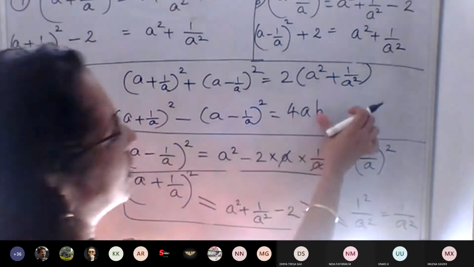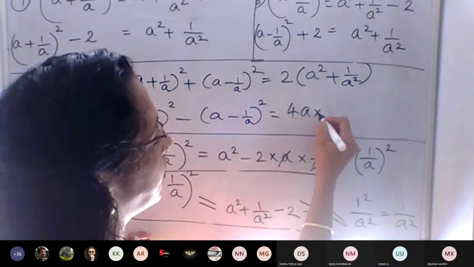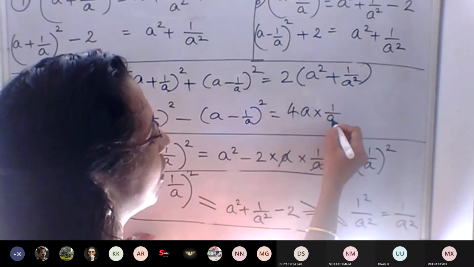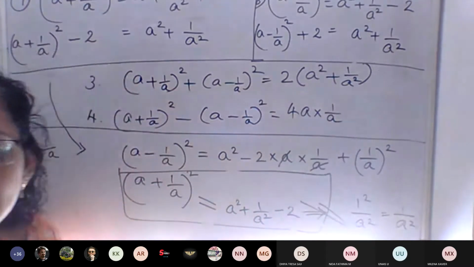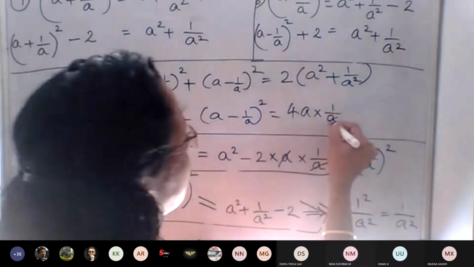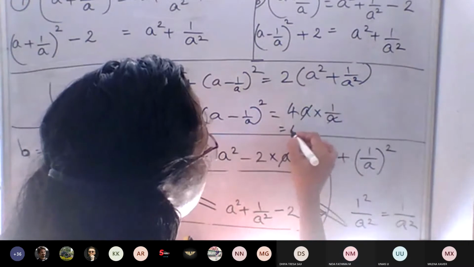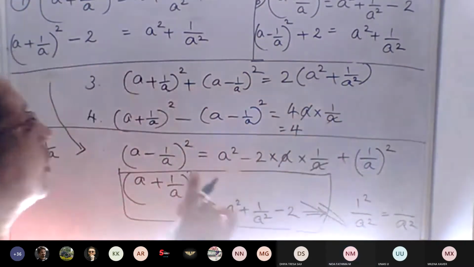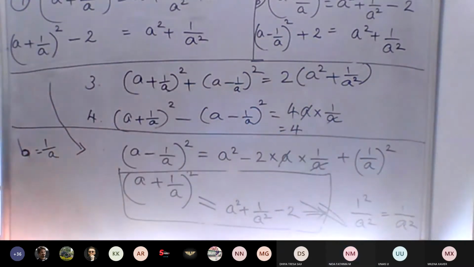So b will become 1 by a, 4a into 1 by a. A and A cancel, so it will be 4 into 1, which is 4. So a plus 1 by a whole square minus a minus 1 by a whole square is equal to 4.